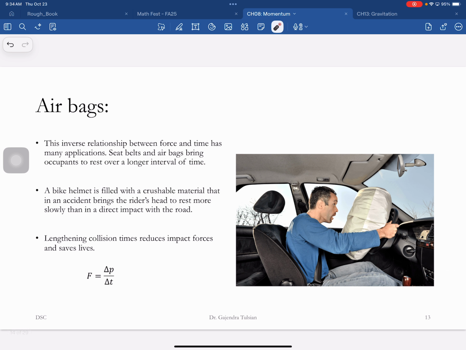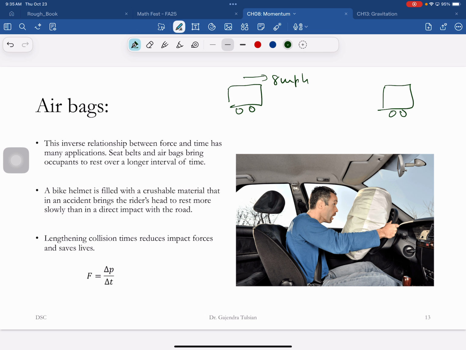Let's say this guy's driving at 80 miles an hour, and a wall suddenly jumps up in front of the car and stops the car.